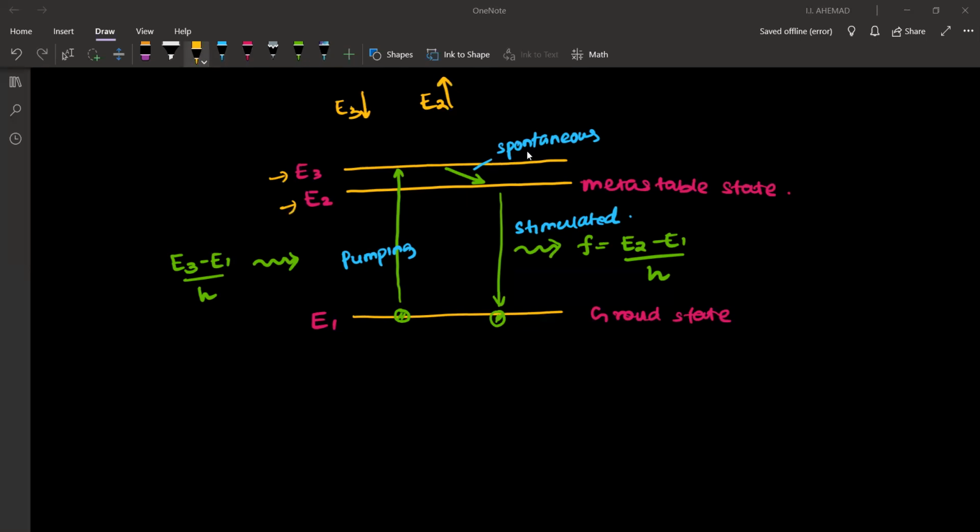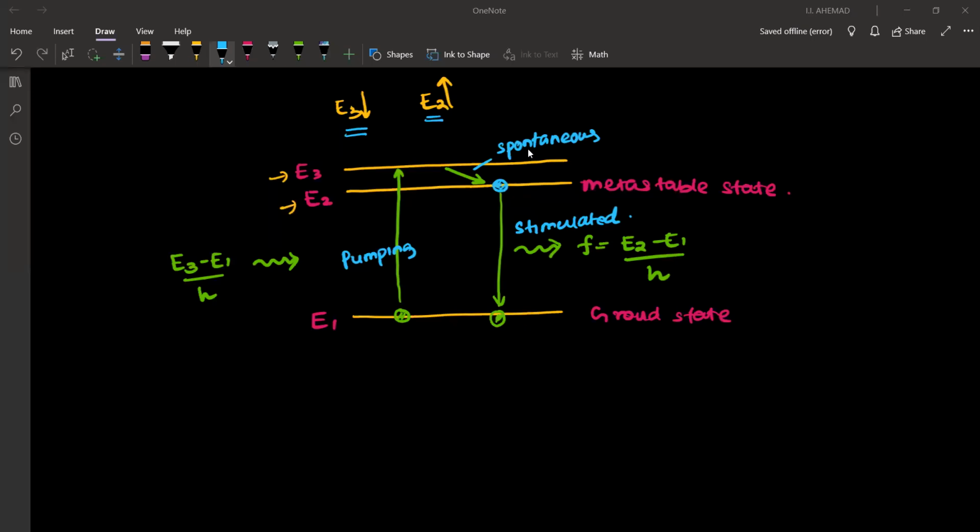This level is less stable, this is more stable. Therefore, this electron will tend to be in a more stable level, so it spontaneously falls to this level. Okay, now the electron is over here. Is that idea clear?